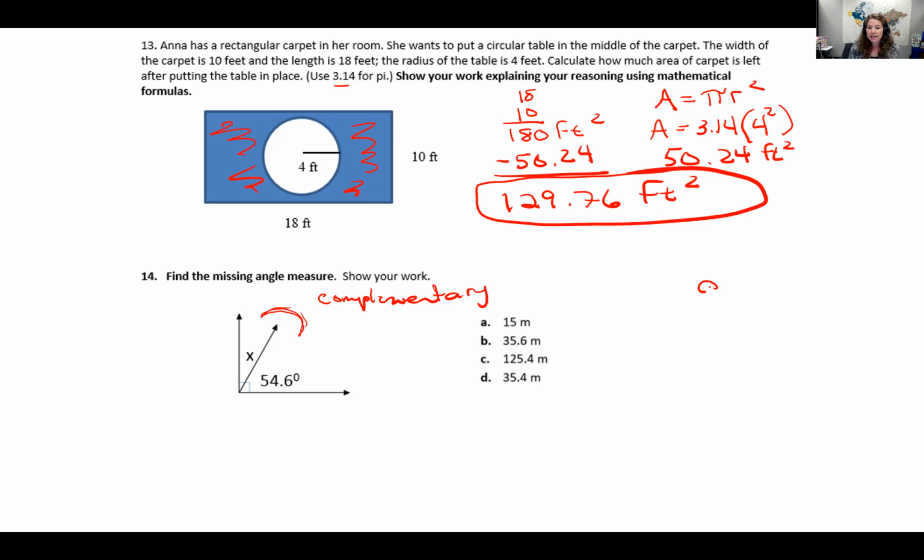So I take 90 and subtract 54.6. I make that a 10 and bring down my decimal. This becomes a 9. 9 minus 4 is 5. This becomes an 8. So 35.4. 35.4 meters is the right answer.